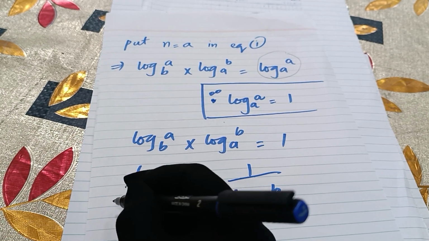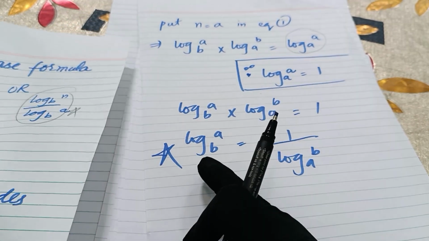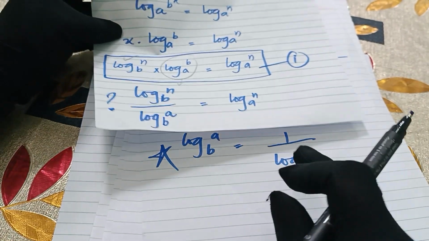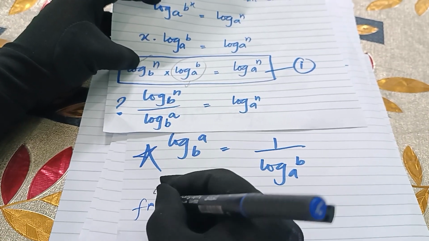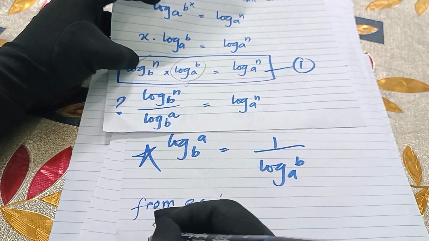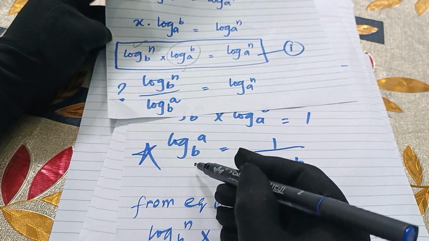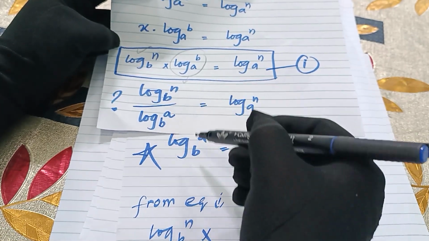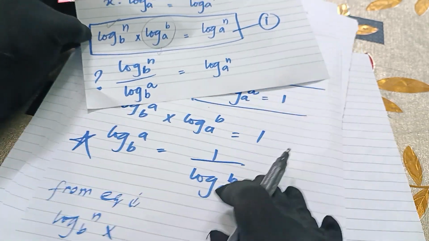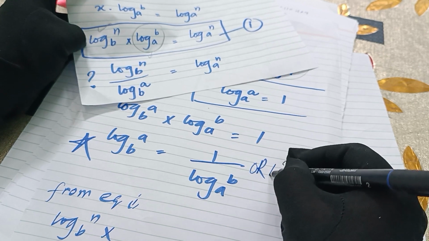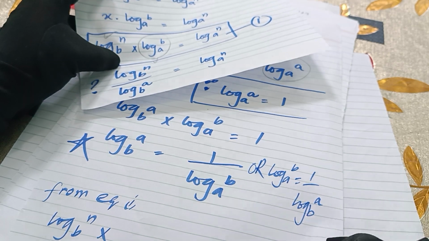So in our upper formation, as I proved, in my expression log_a n from equation 1, log_b n into log_a b, instead of this I can write 1 over log_b a.